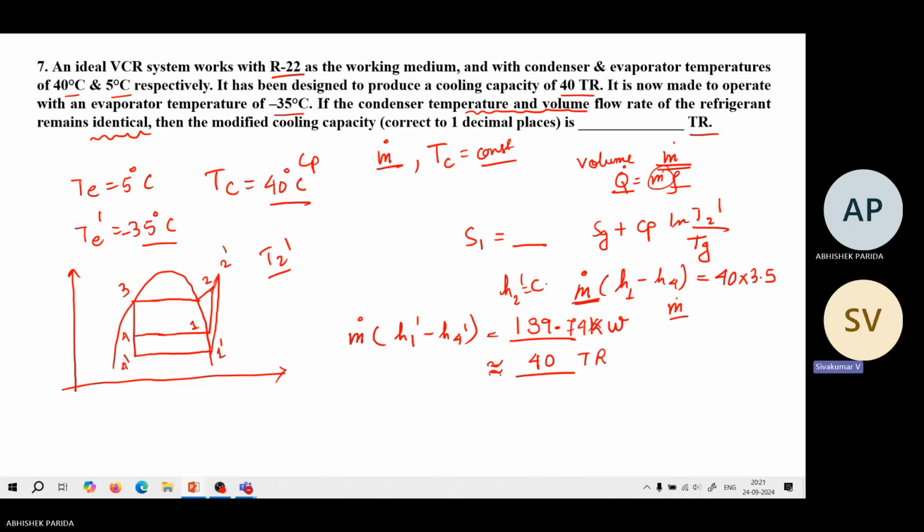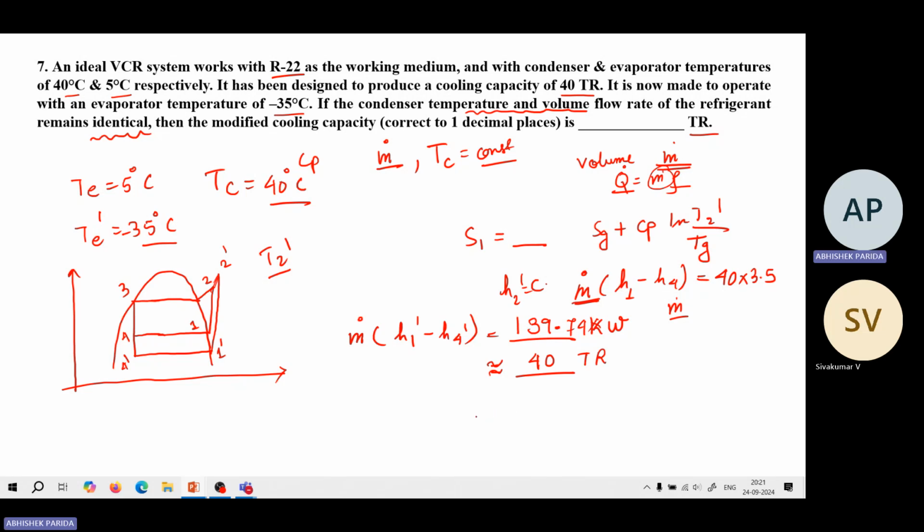For the new case, I am getting very close to 140.8 kilowatt, nearer to 40 ton of refrigeration. Mostly this is because of the Cp values that you are referring to. That might not be right at the particular pressure and temperature, because Cp values will change.